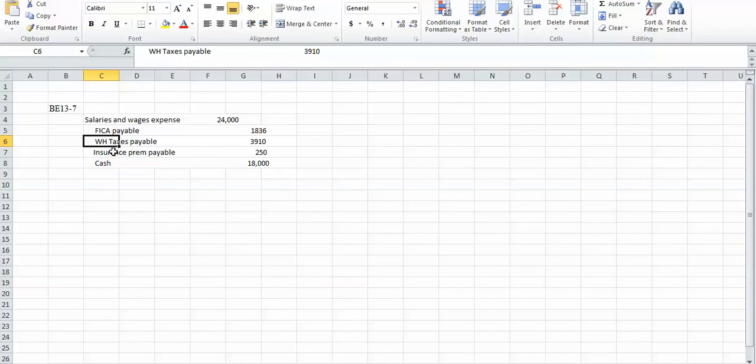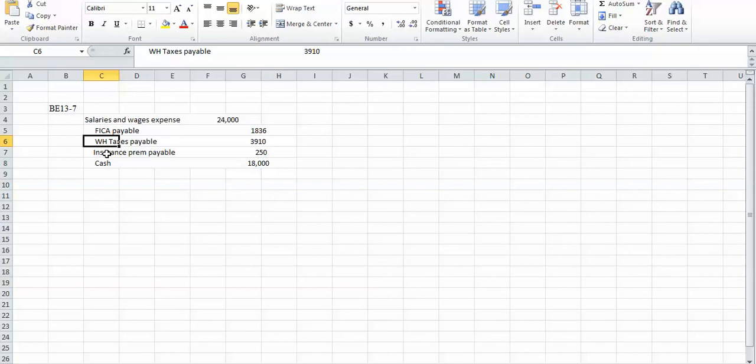However, I'm not sure if Wiley Plus calls it withholding tax payable, but it's going to be the federal withholding taxes. Or in this case, I believe it's federal and state that they put there. So that's just how they did it for this problem. Typically, you see it separated.